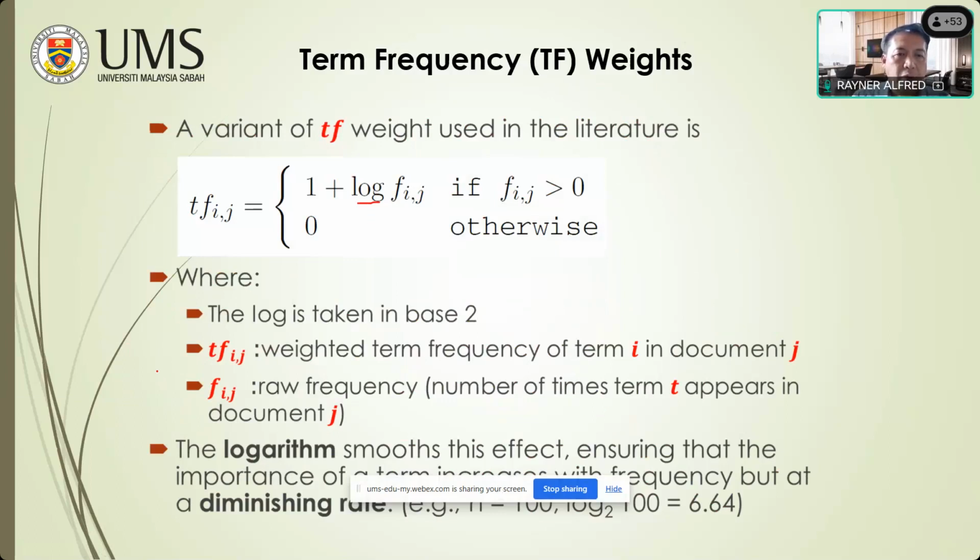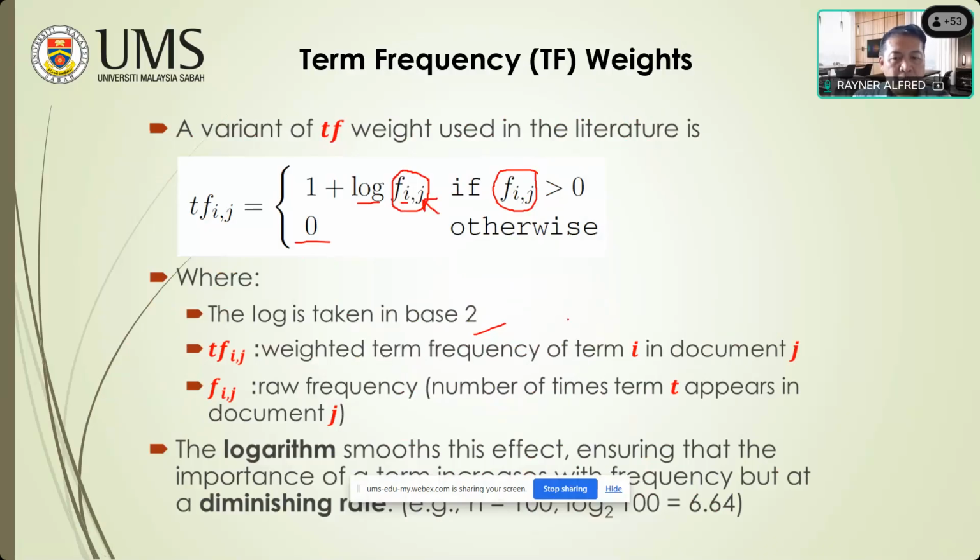So normally they use log base 2. And this one refers to the term frequency of keyword I in document J. We only use this one when the frequency is above 0. Otherwise, the term frequency is 0.